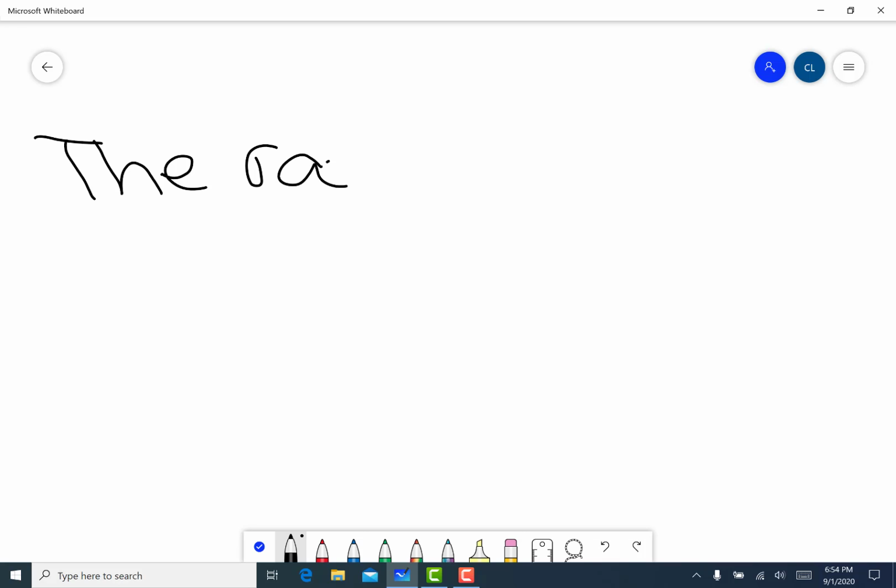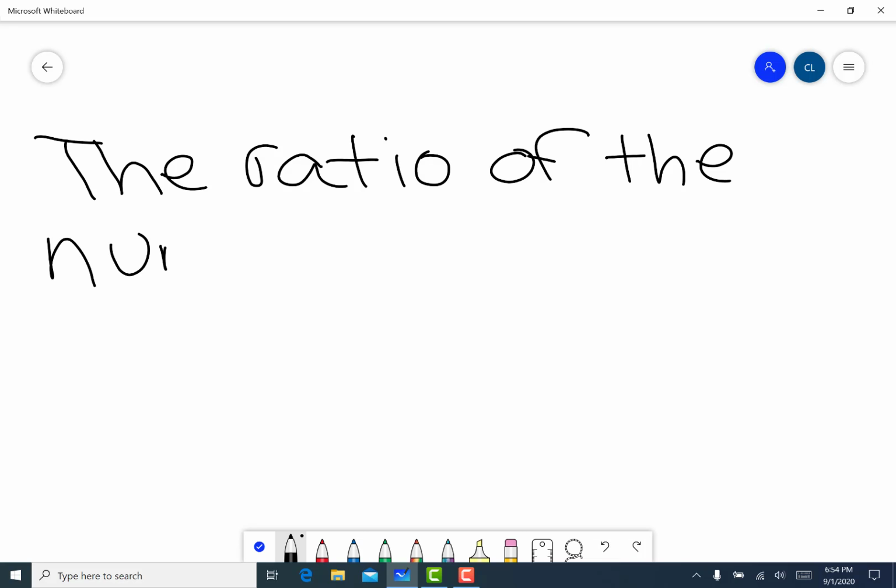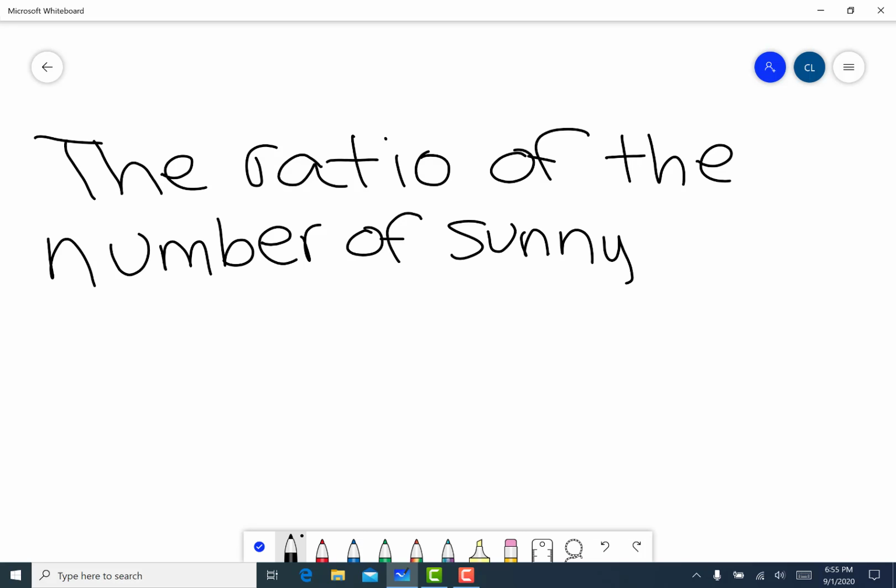I'd say the ratio of the number of sunny days to, and there's one of our descriptive words there. It tells us that we're talking about a ratio. That's using ratio language.